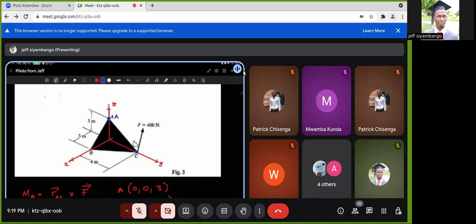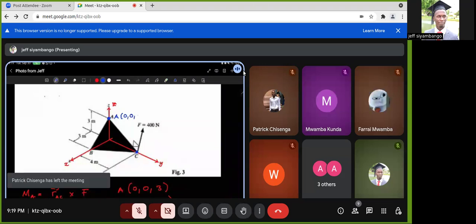The only thing that changes for the point A is that z is 3, because we have three units there. Same thing, you look at the point C, which lies on the y-axis.